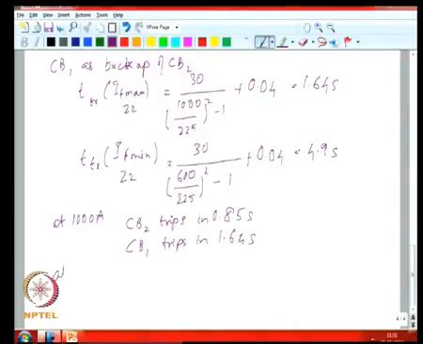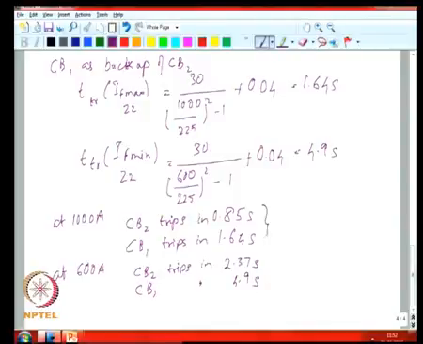At 600 amps, CB2 trips in 2.37 seconds and CB1 trips in 4.9 seconds.